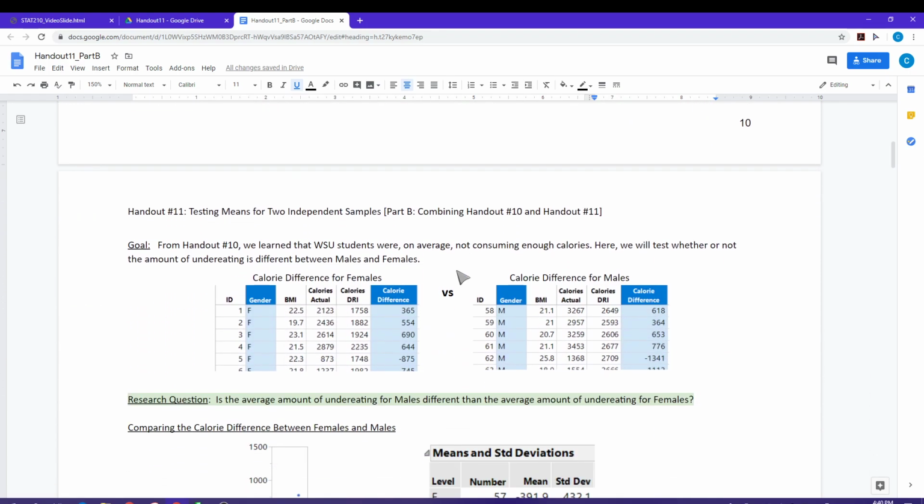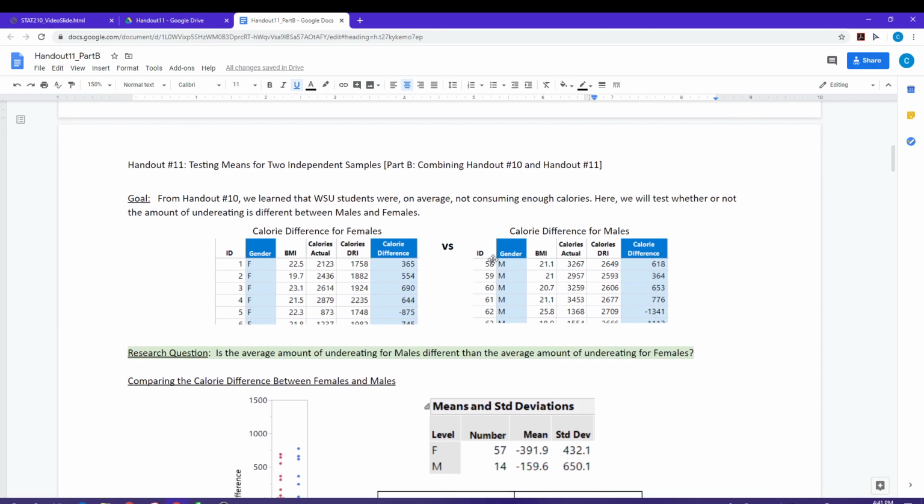What we're going to do in handout 11 Part B is look at whether or not that underconsumption, or under eating, is different between males and females. So we're going to again create that calorie difference column, but I want to now compare those calorie difference values for the males against those from the females.